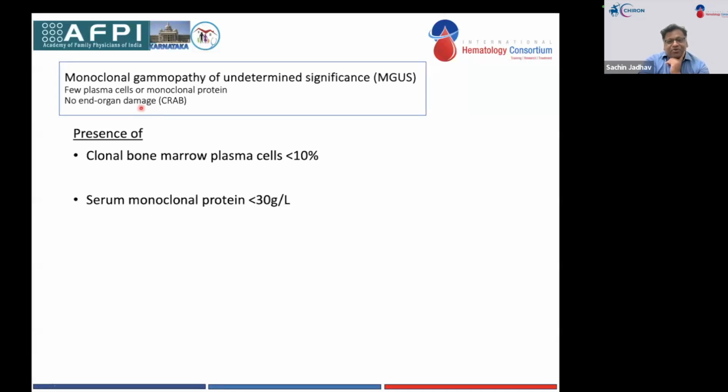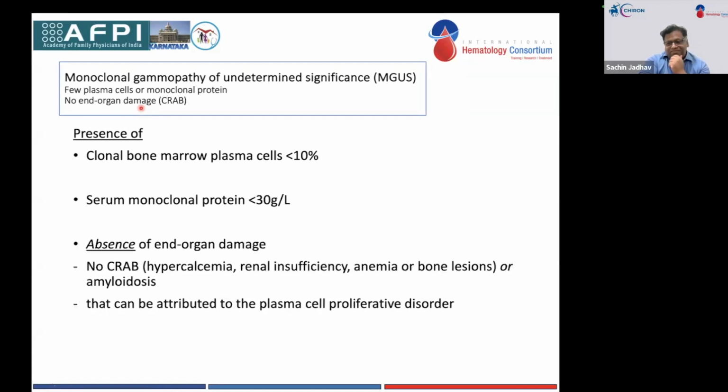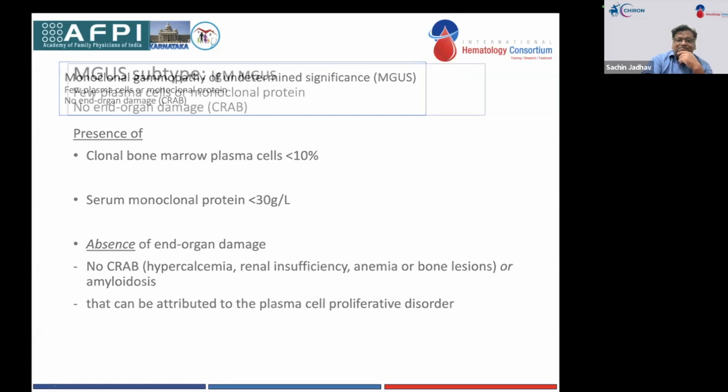The M band, that serum monoclonal protein, is less than 3 grams per deciliter. There is no end organ damage, which I told you. So less than 10% plasma cells, less than 3 gram per deciliter. So 30 gram per liter means 3 gram per deciliter. So less than 3 gram per deciliter of M band, no end organ damage. This is MGUS.